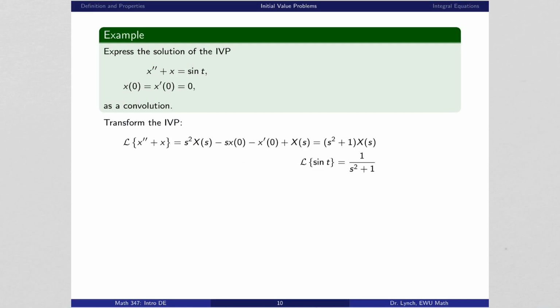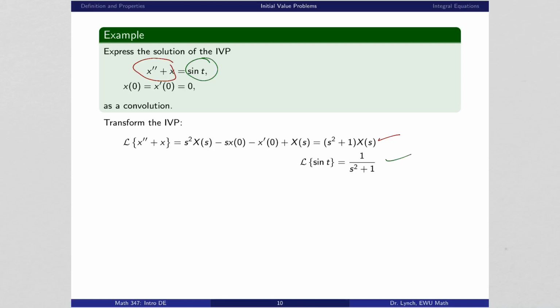So an example where we solve an initial value problem here is x double prime plus x is sine of t with 0 initial conditions. So start off by transforming the initial value problem. So here's the transform of the left-hand side, and similarly the transform of the right-hand side here.